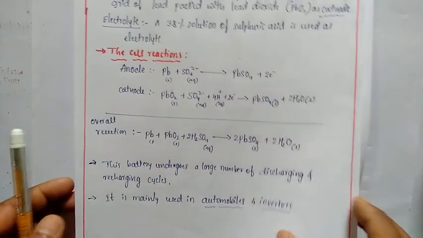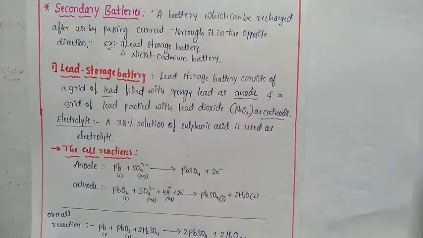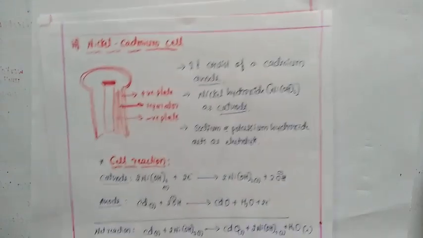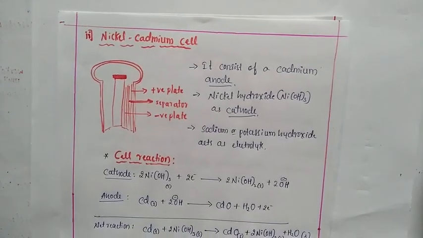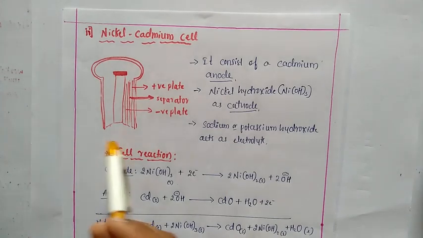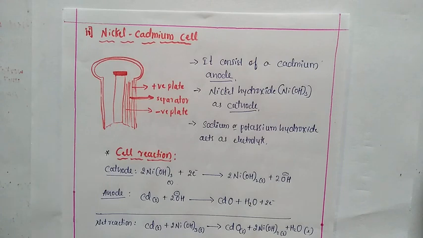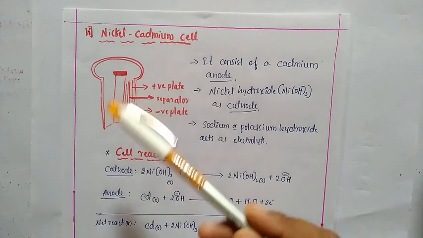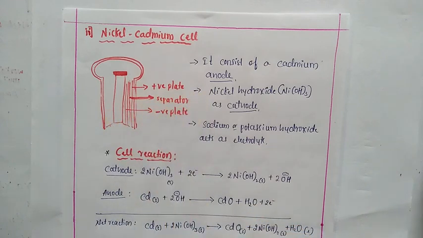The second one is the nickel cadmium cell. This is the simple diagrammatic representation of a nickel cadmium cell. There are many layers: positive plate, separator and negative plate.